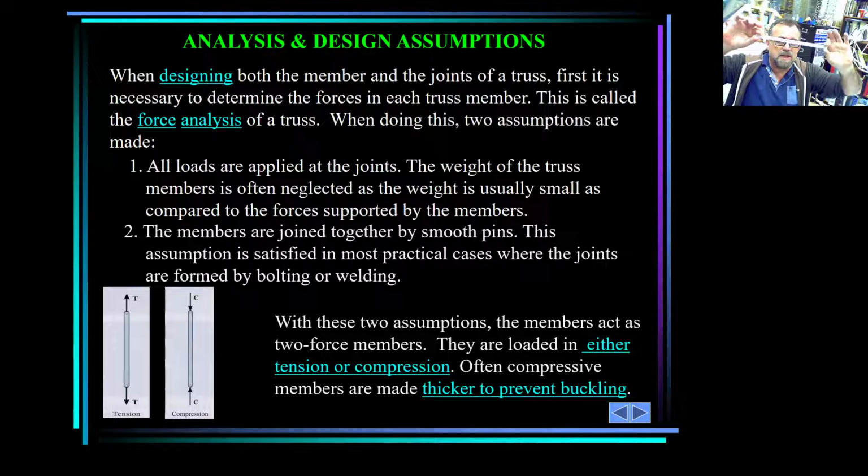Now, the majority of trusses are made out of steel, not necessarily, but steel. And I always explain this: if you have a steel that is 60 ksi or 65 ksi, and you have a cross-sectional area of 1 by 1, that means that little bar can take 60,000 pounds of force, which is a lot.